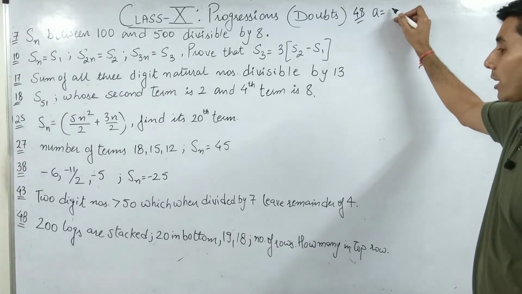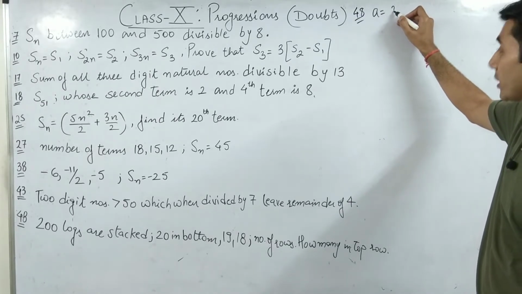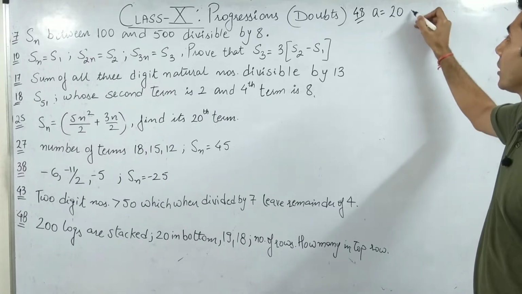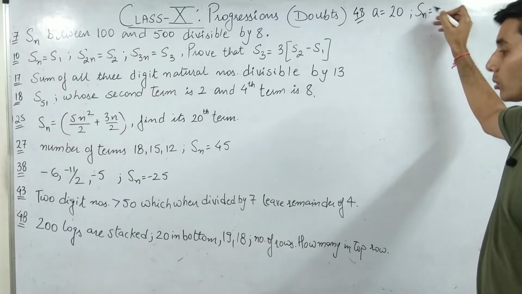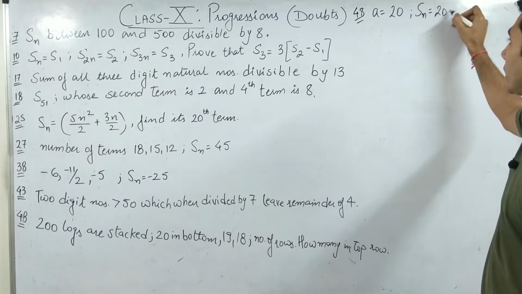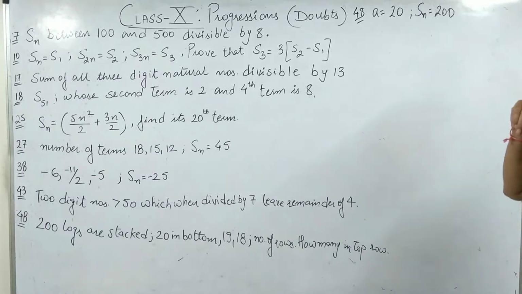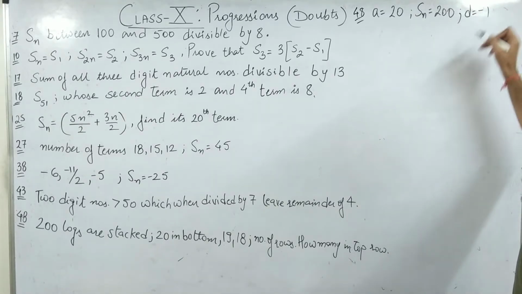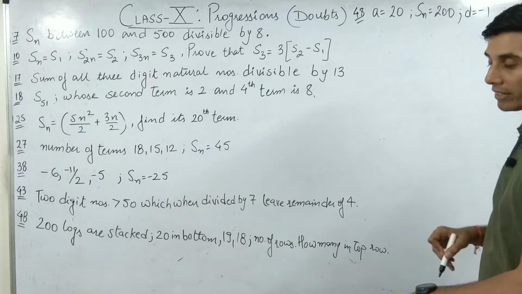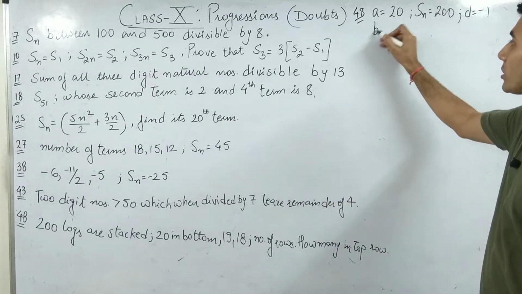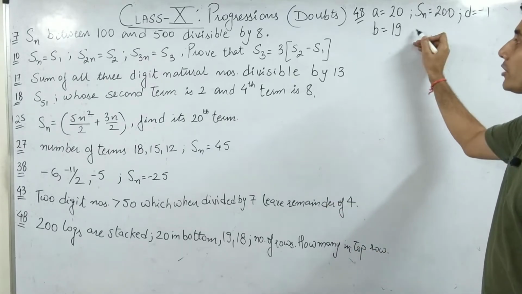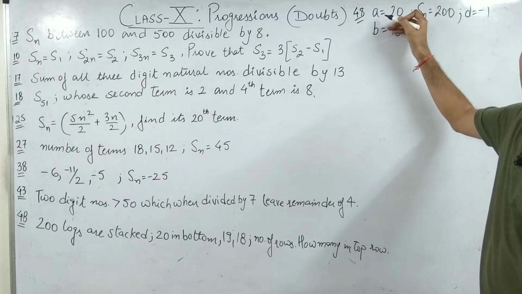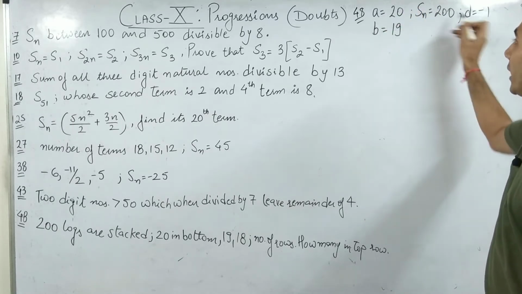So a should be equal to 20. The sum of the numbers, total, is 200, because there are 200 logs in total. Then d should be equal to -1, because the first is 20, then 19, so b is 19. So d equals b minus a, that means 19 minus 20 is -1. Sn is 200.